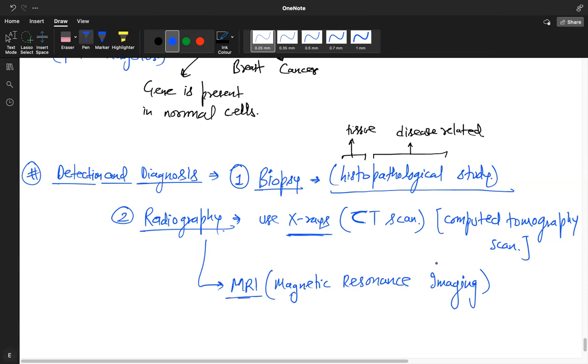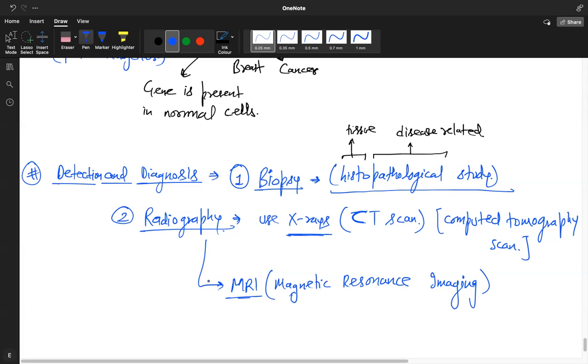So these are both sending rays in the body to look for any tumor or cancer. In CT, especially, and in MRI, it's like slices. You are checking your body in slices. In CT, we can take all the slices and make a 3D picture, a three-dimensional image of the internal organs.